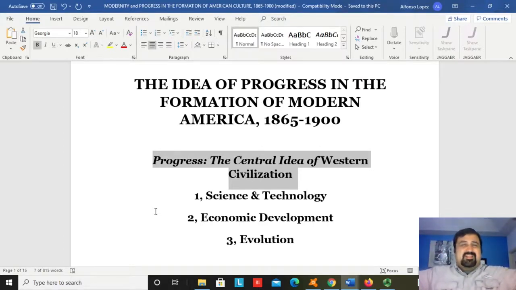So this idea of progress, what it really presents is the idea that history is moving in a certain direction, and this direction is moving humans to a higher and higher plane, in other words, of existence, that humans will be more knowledgeable in the future.